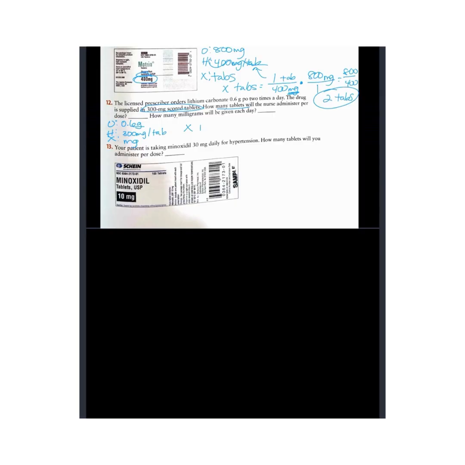So I'm going to do X milligrams equals, I want these two to match. So I'm going to put milligrams here. I have the given quantity of 300 milligrams per 1 tab. So I want tabs here. Uh-oh, what do I do?